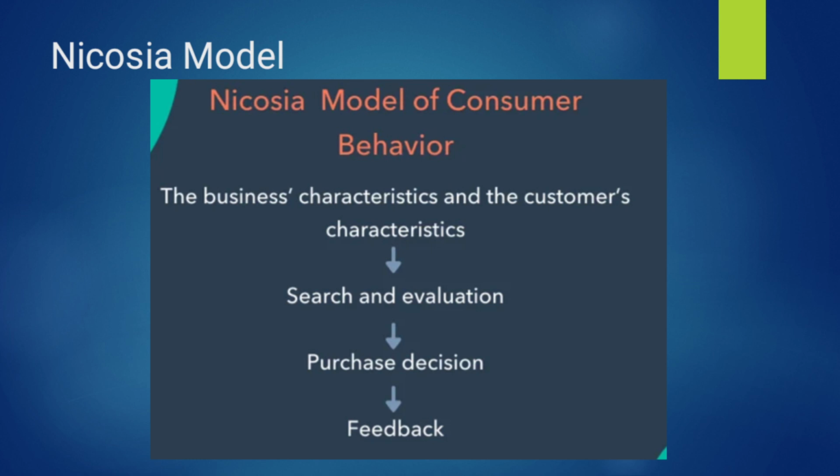The Nicosia model of consumer behavior: business characteristics and the customer's characteristics, search and evaluation, purchase decision, and feedback. This model is an attractive model because it places all the power in the business.